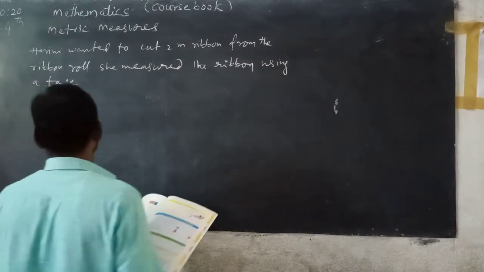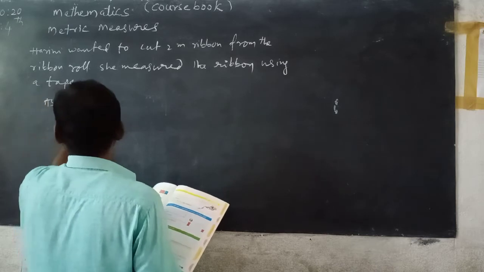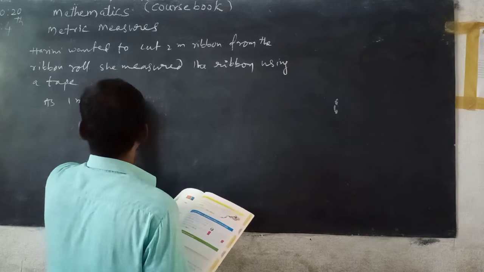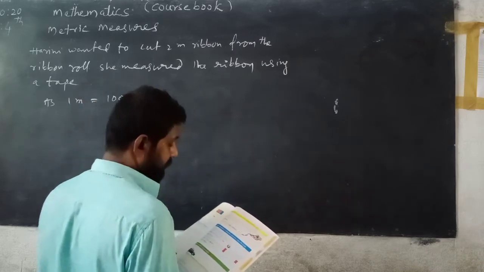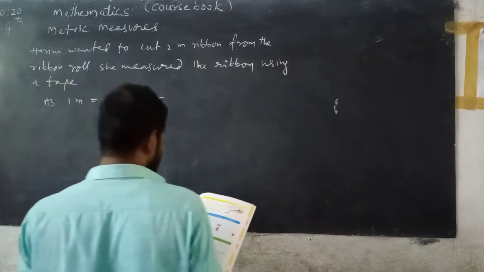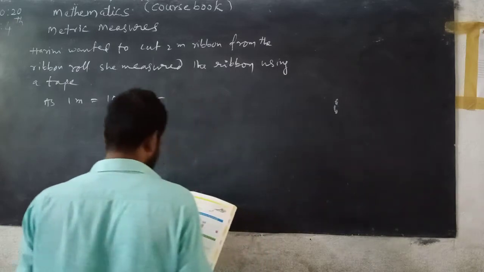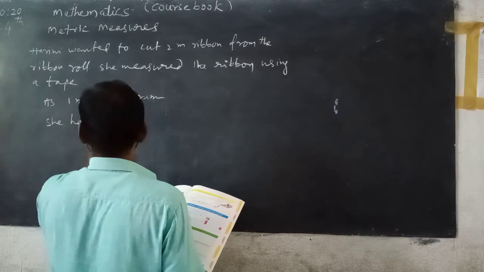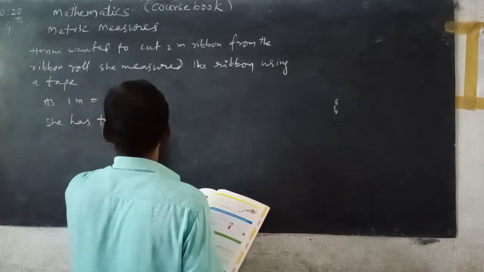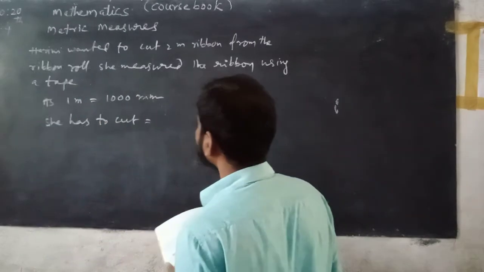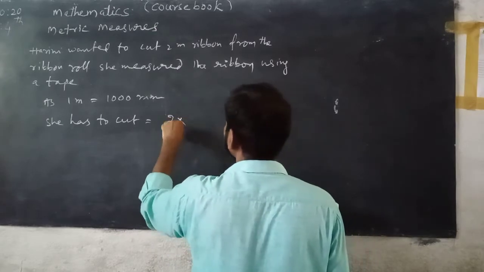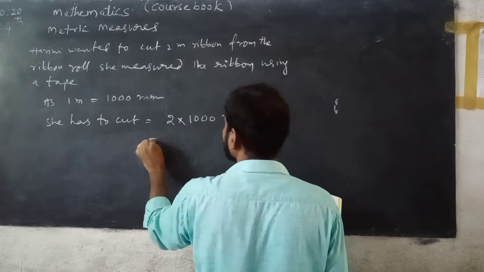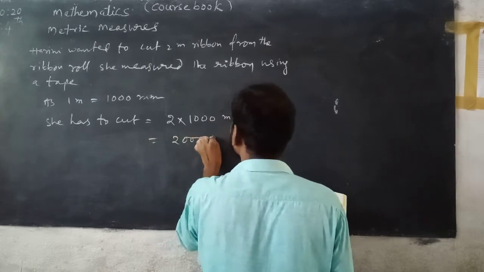So 1 meter is equal to, everybody knows, 1000 millimeters. So how much can she cut? 2 into 1000 millimeters, you can cut 2000 millimeters.